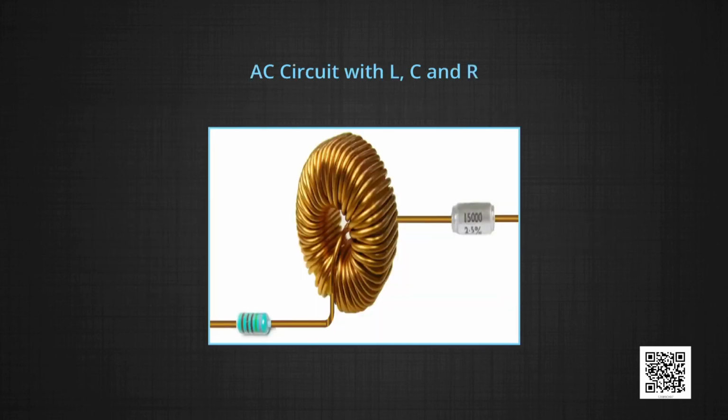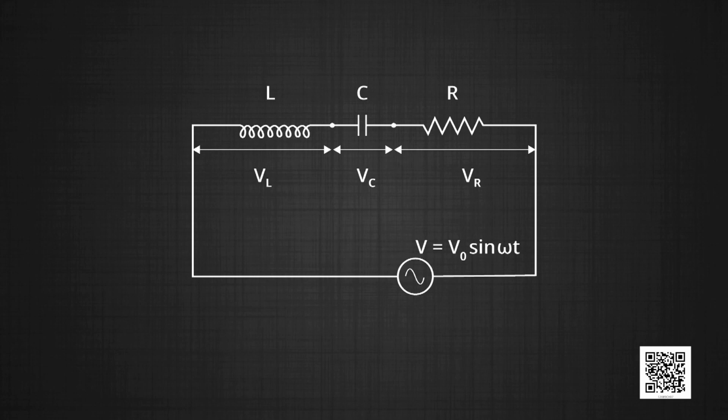Now, look at this picture, which shows a capacitance, inductor and a resistance connected to a source V equal to V naught sin omega t, and these components are in series.